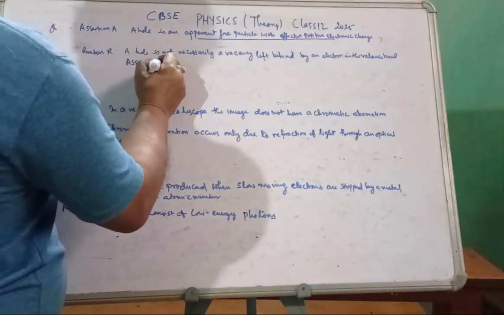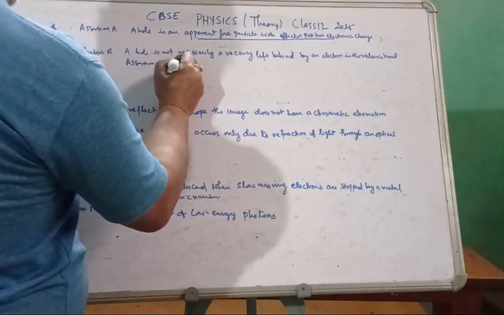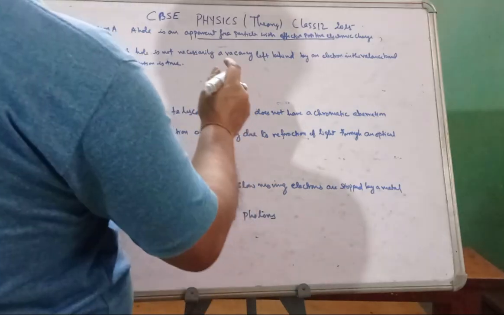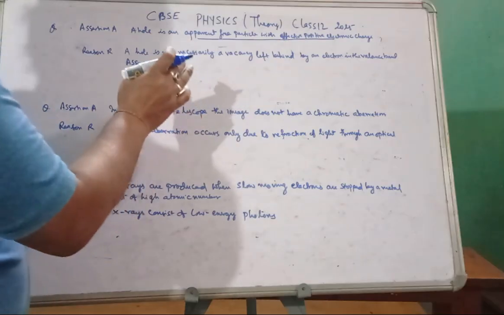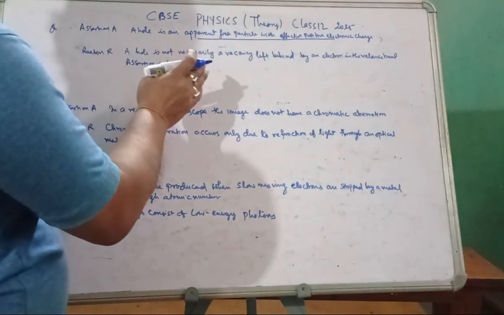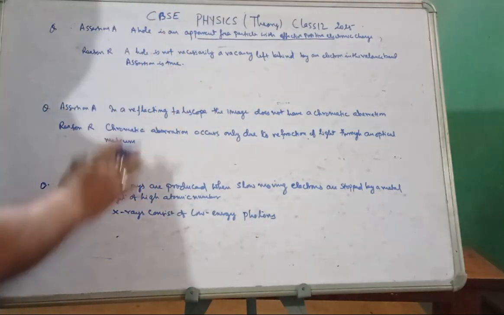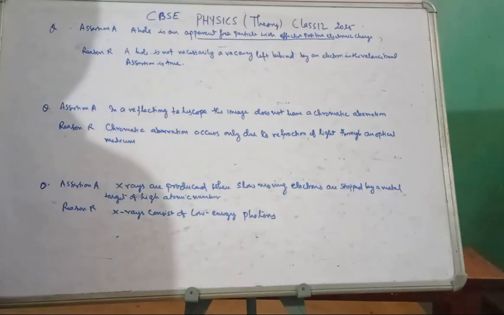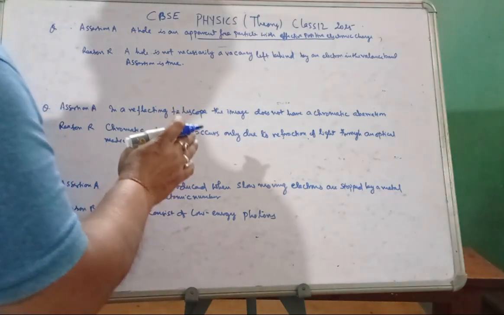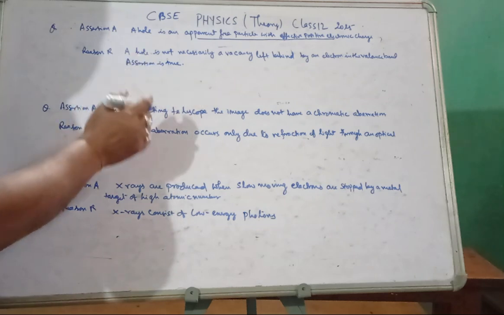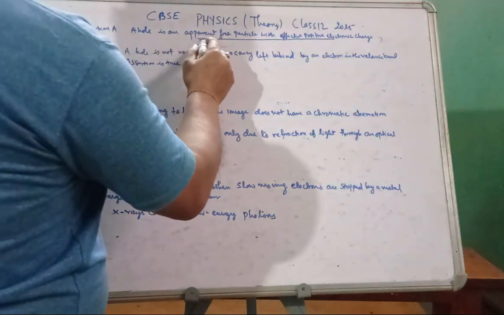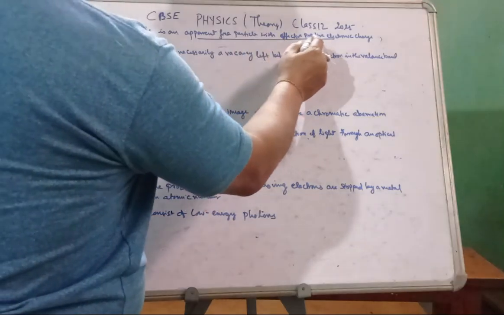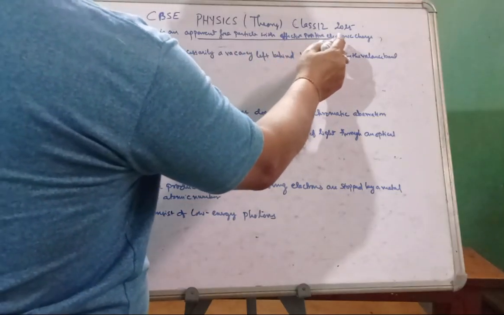Your assertion is true, because holes are created when an electron moves from the valence band to the conduction band. So a hole is an apparent free particle with effective positive electron charge.